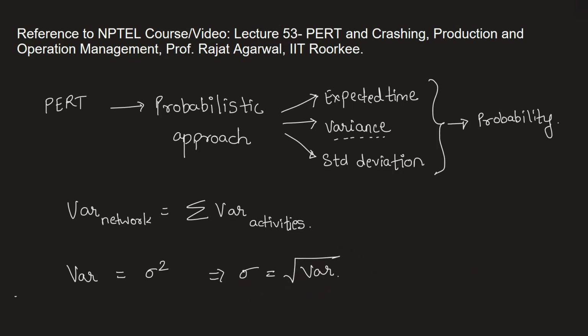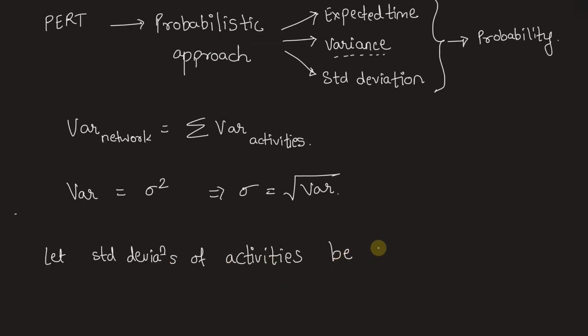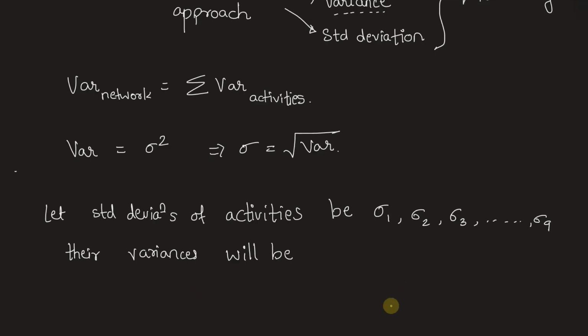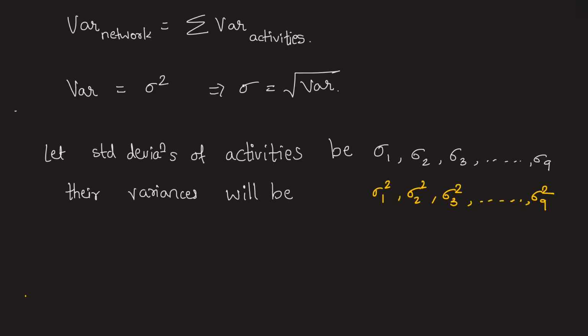Let the standard deviations of the activities be sigma 1, sigma 2, sigma 3 and so on up till sigma 9, because we have 9 activities. Their variances will be sigma 1 square, sigma 2 square, sigma 3 square and so on up to sigma 9 square. So we can find out the sum of all the variances.